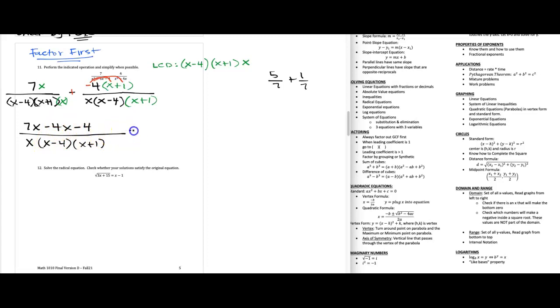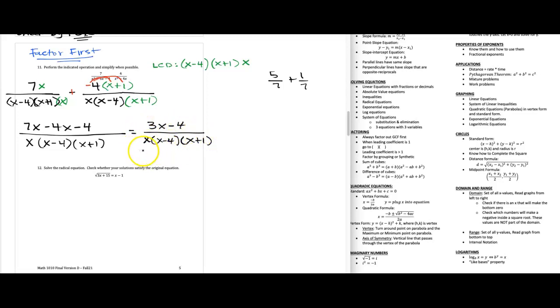Okay, so now let's combine our like terms that we can. So 7x minus 4x is 3x minus 4. And then on the bottom, we've got x times x minus 4 times x plus 1. Okay, and that's all we can do.